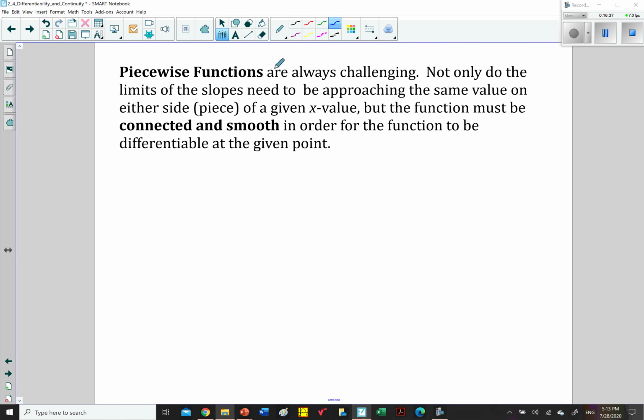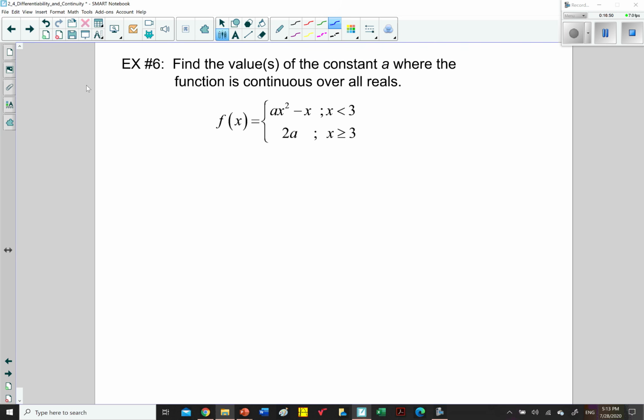Okay, piecewise functions, they're always pretty challenging. So we want them to be connected and smooth in order for the function to be differentiable at a point. So this is what's tricky. I want to find the value of the constant a where the function would be continuous over all the real numbers. So we could do that. Here's our target number.